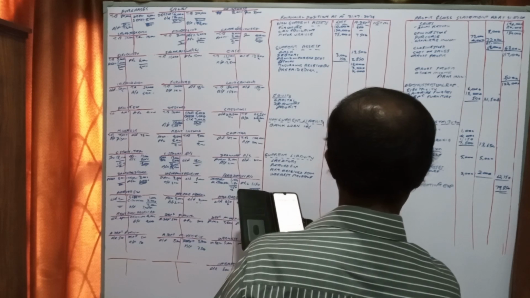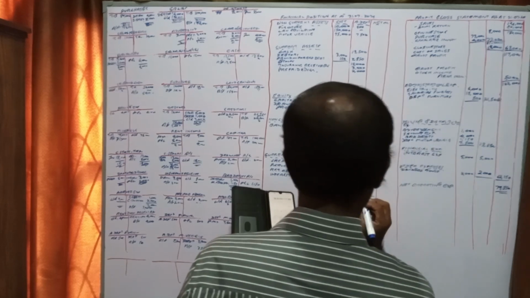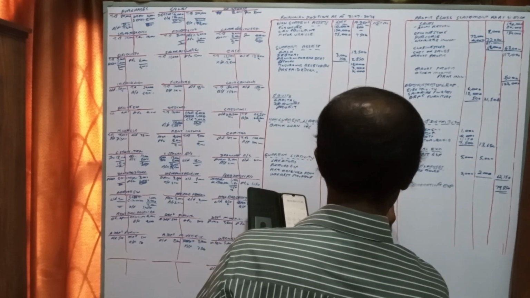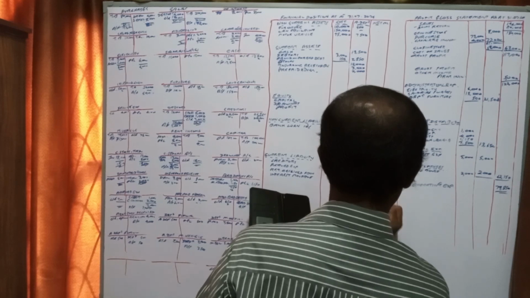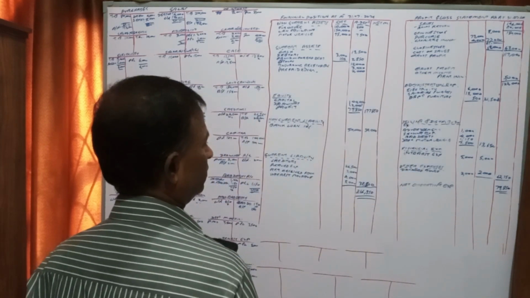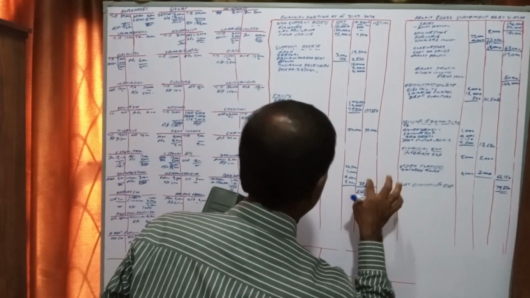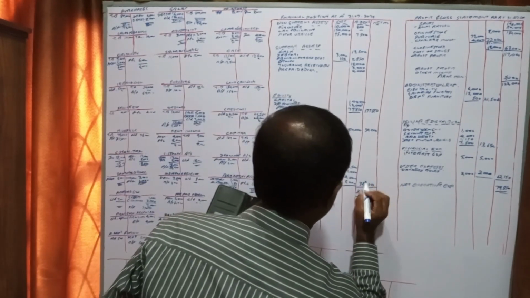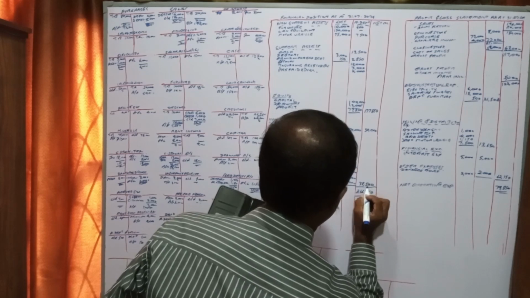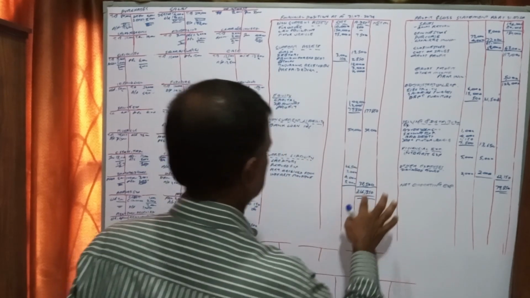This is 500, right? 60,000 and 350. Right? 350.